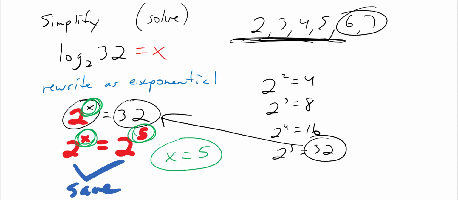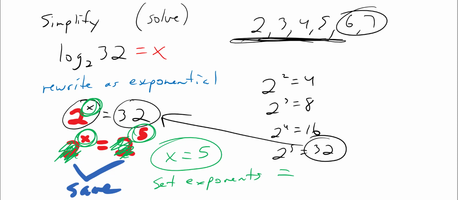That's the answer to that problem, guys. It's actually easy to do, but that 2 has to be equal to that 2, the same number. Then you set the exponents equal to each other. You don't even have to worry about the 2 anymore. The 2's are out of there, and you just set the exponents equal.